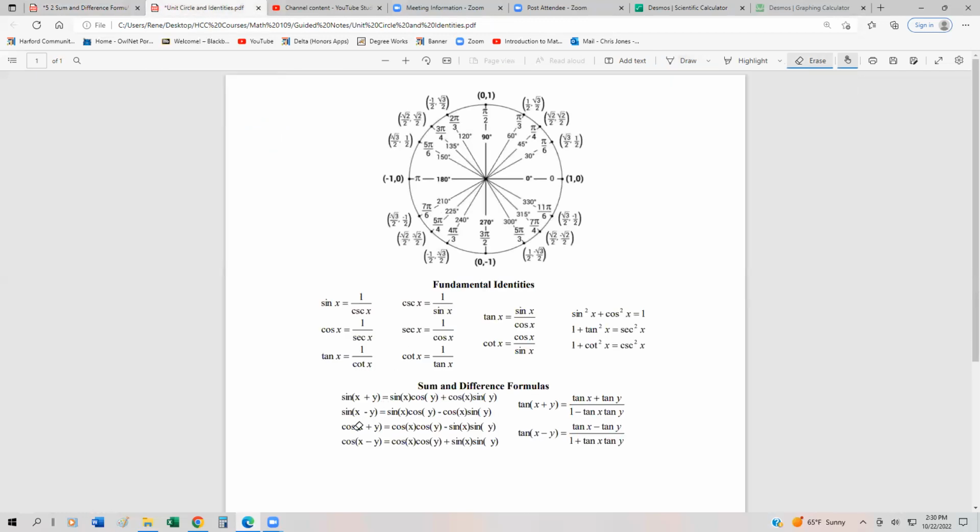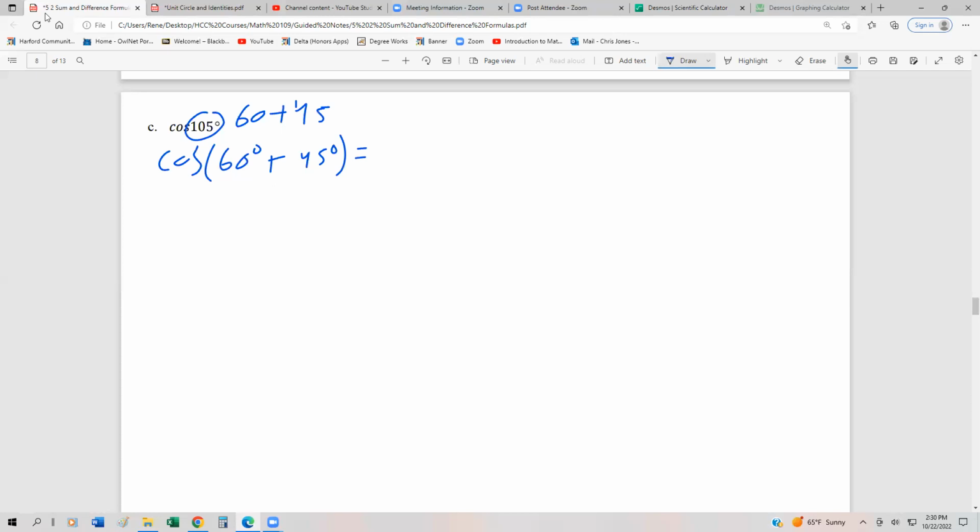So if we have the cos of x plus y, that's going to be cos cos minus sine sine. So that's going to be cos of 60 degrees times cos of 45 degrees minus sine of 60 and then sine of 45 degrees.